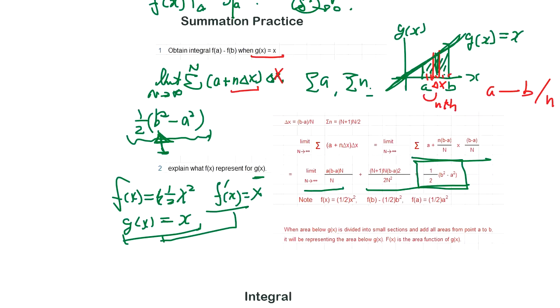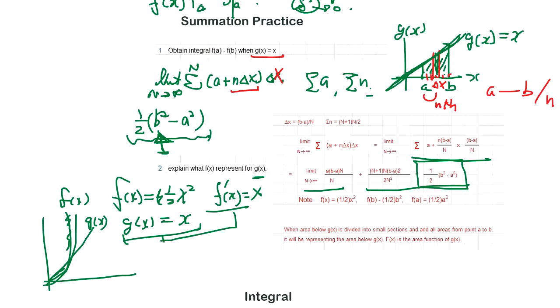Okay, so this means when you have g(x), the f(x) is a quadratic function like this.